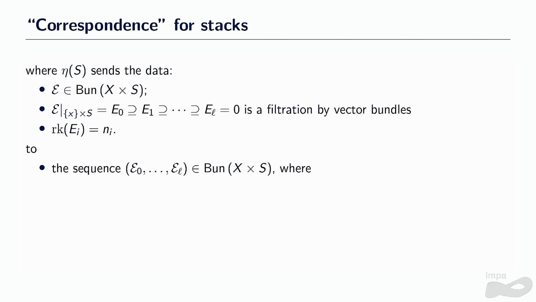We have a sequence of vector bundles on S times X, and the question is, what are these vector bundles? Well, the last one, E_L, is just the vector bundle that we had before, which is E.